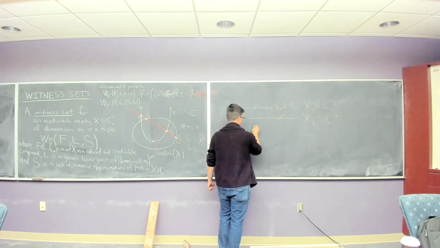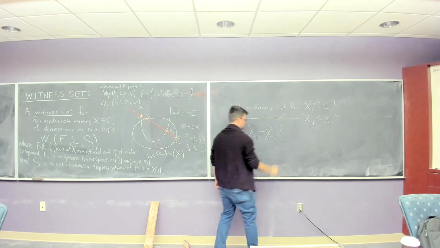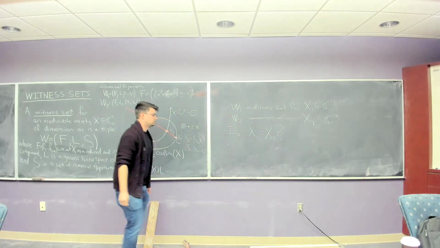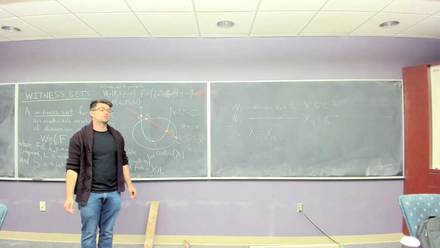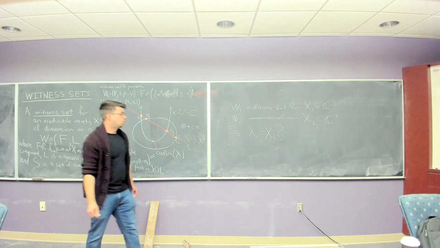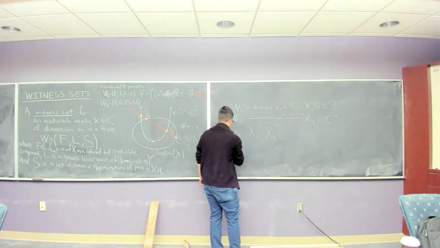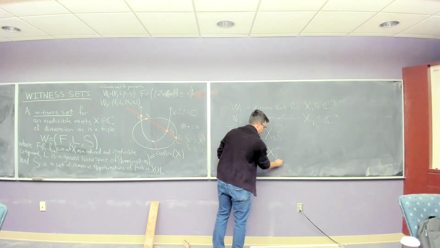They're both irreducible. One thing you might want to know is whether or not these two varieties are the same variety, or whether or not one variety is contained in another.